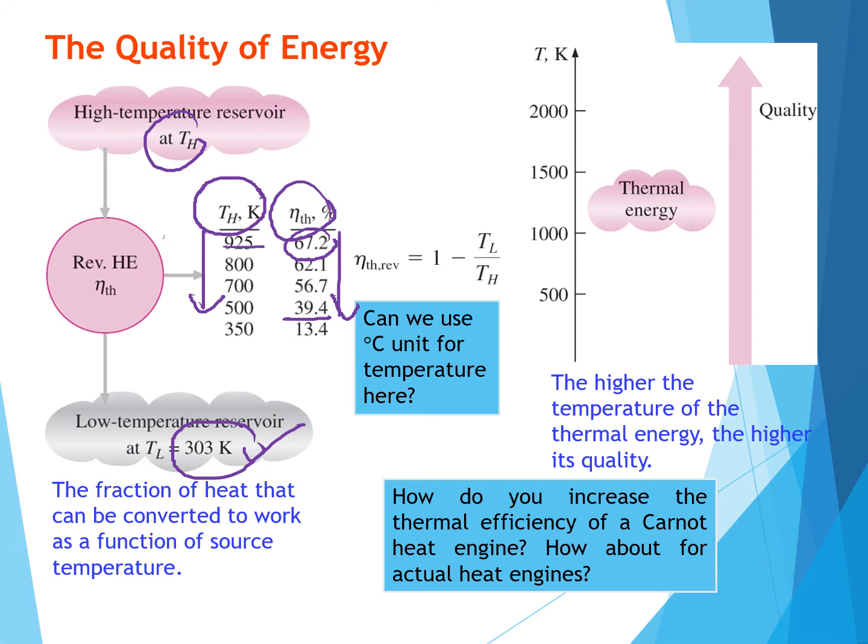And then as you can see here, when the source temperature TH is reduced to 350 Kelvin, the thermal efficiency becomes just 13.4%. So these efficiency values show that energy has a quality as well as a quantity.